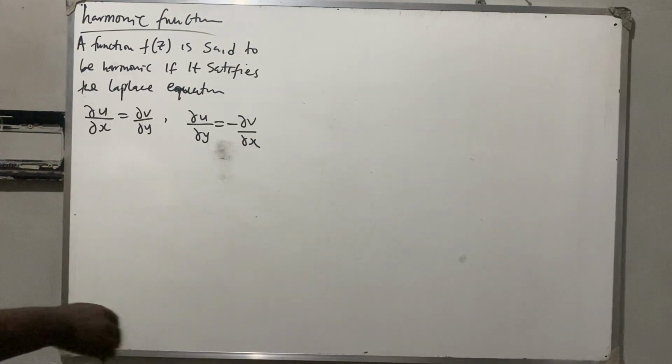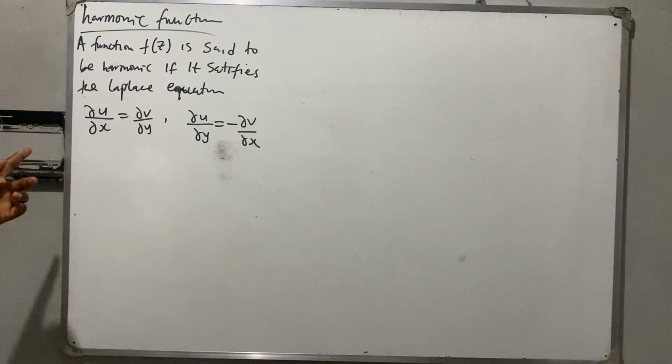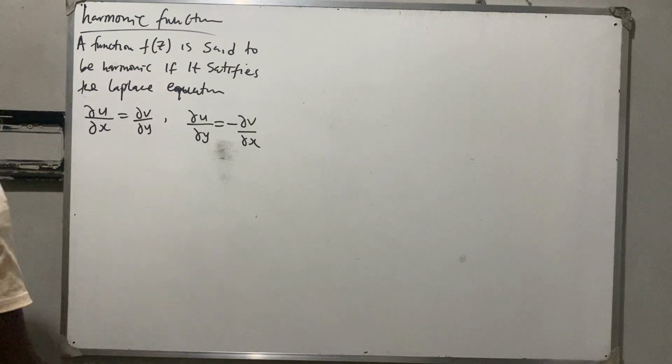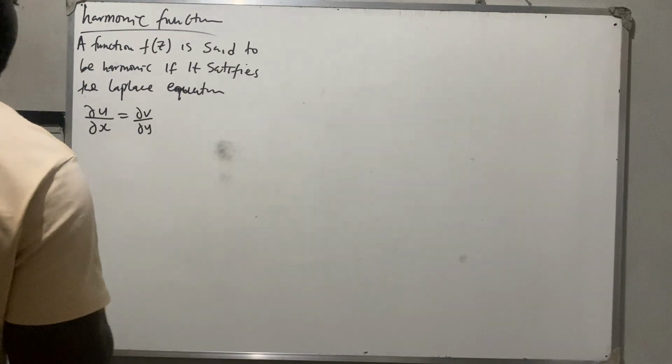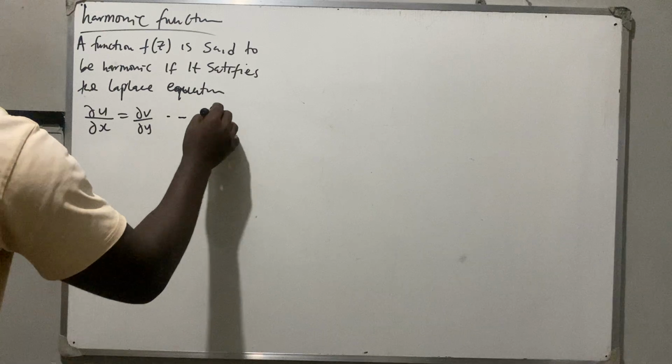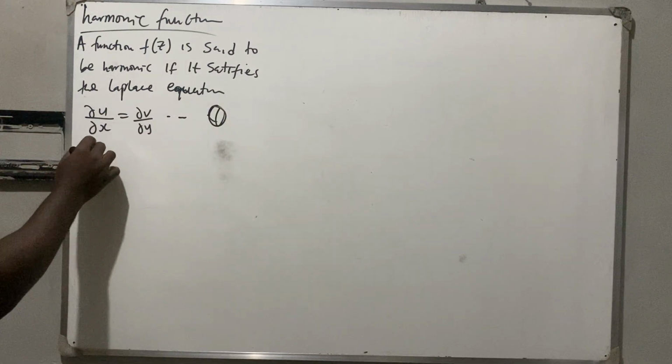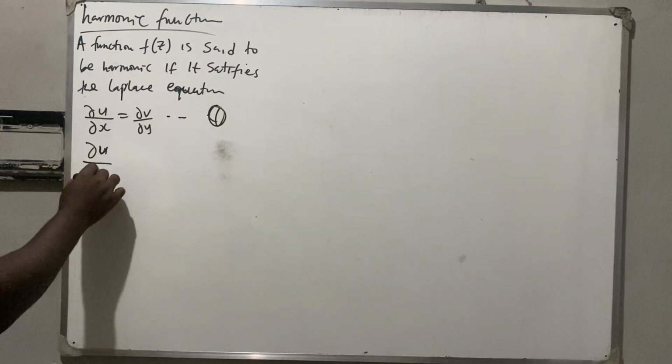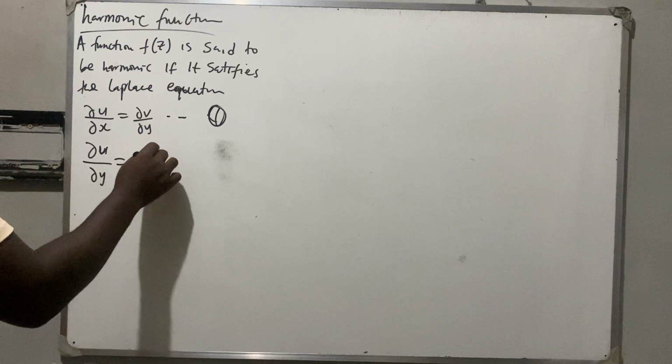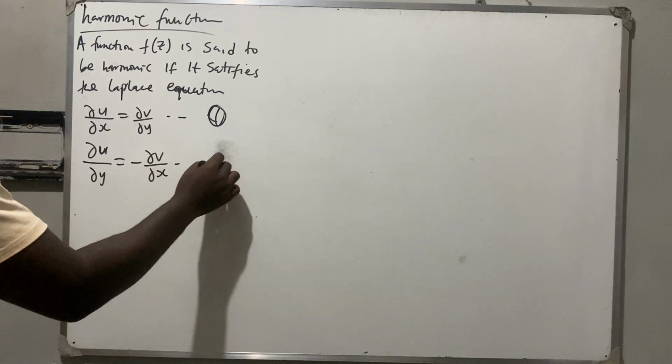So see what we are going to do. This one that has x, we will take its derivative with respect to x, and the other one with respect to y. So let me call this equation 1 and 2 so that it will make sense. This one is equation 1. Then the second one, partial u over partial y is equal to negative partial v over partial x, will now be equation 2.